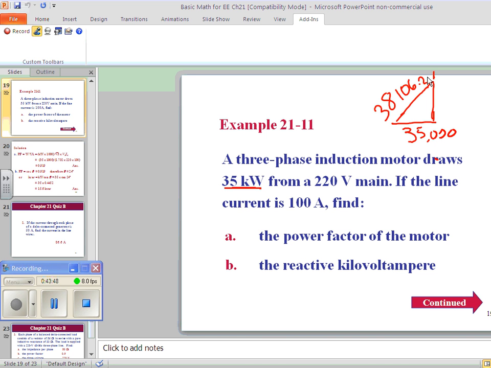Okay. 38,106.2. I don't know why this is so hard. Not 0.0, it's 0.91. 0.91848. That's cosine of theta, right?